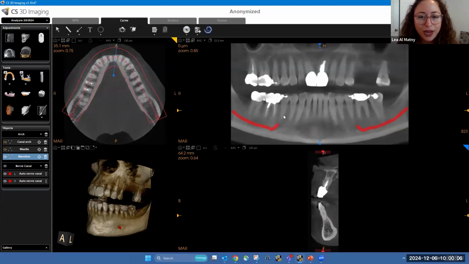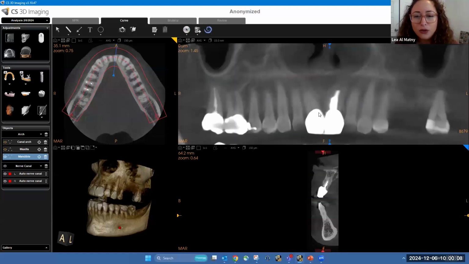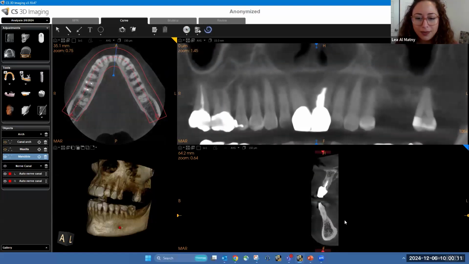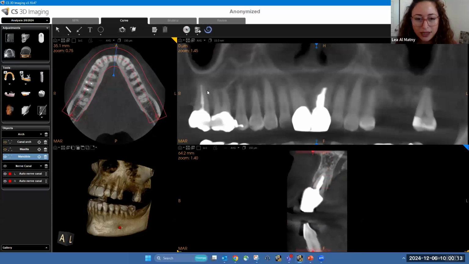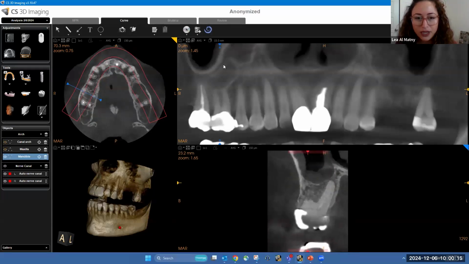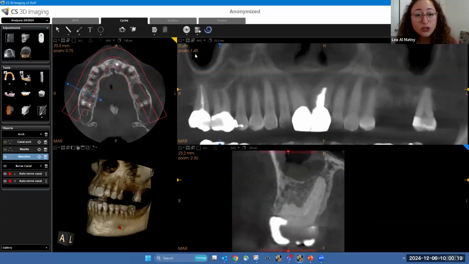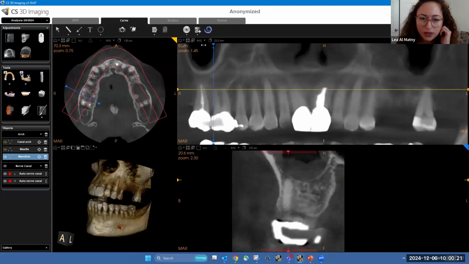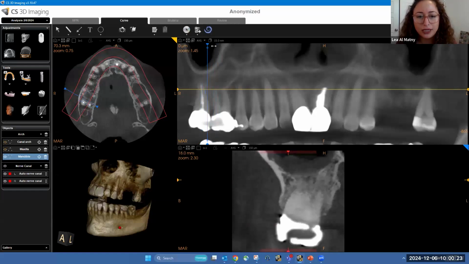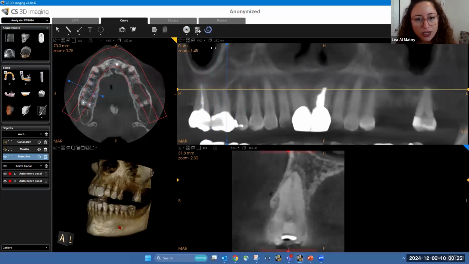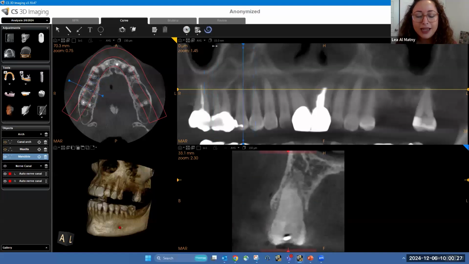Okay, now I'm going to focus just on the maxilla, and I'm going to zoom in over here. What I'm going to do is just scroll. We're not doing an in-depth interpretation or anything. We are just scrolling from right to left.